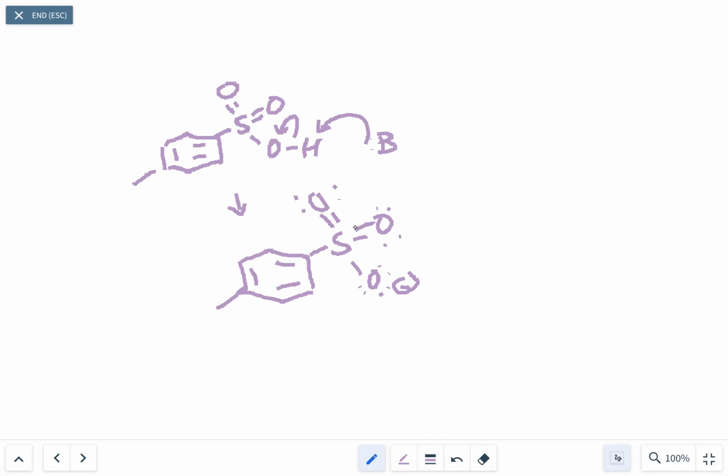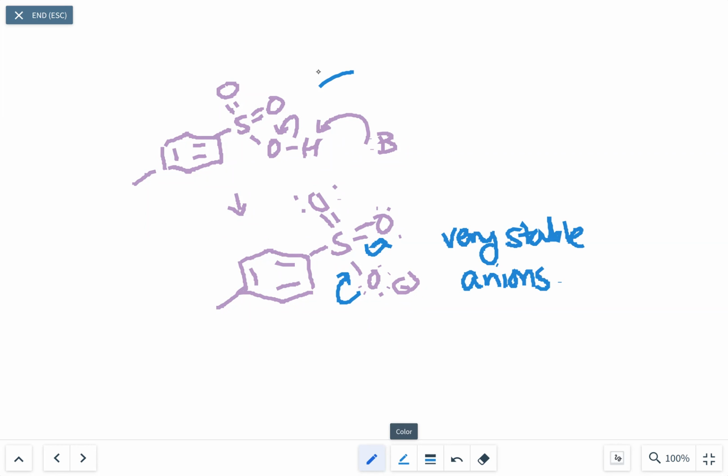And this guy was stabilized by a whole bunch of resonance structures where it's delocalized over all of these oxygens. So these were very stable anions, which made these like the most powerful organic acids.